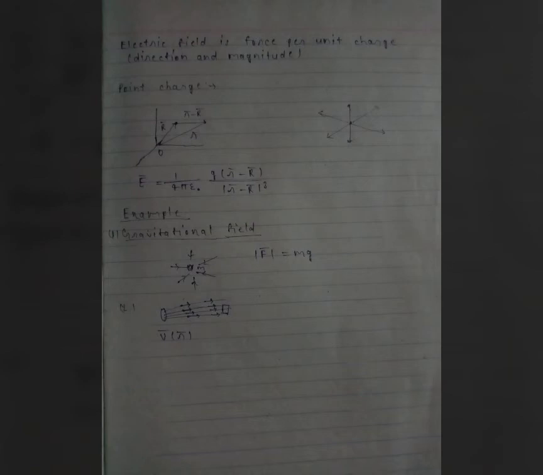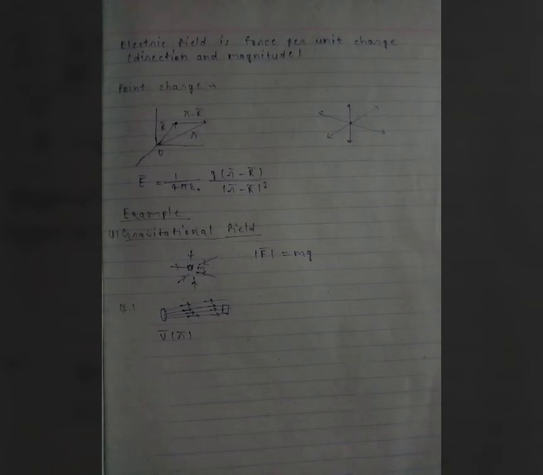Other examples of fields. A very obvious example that you are familiar with is gravitational field. In which I can say that if there is a mass, it creates a gravitational field around it.